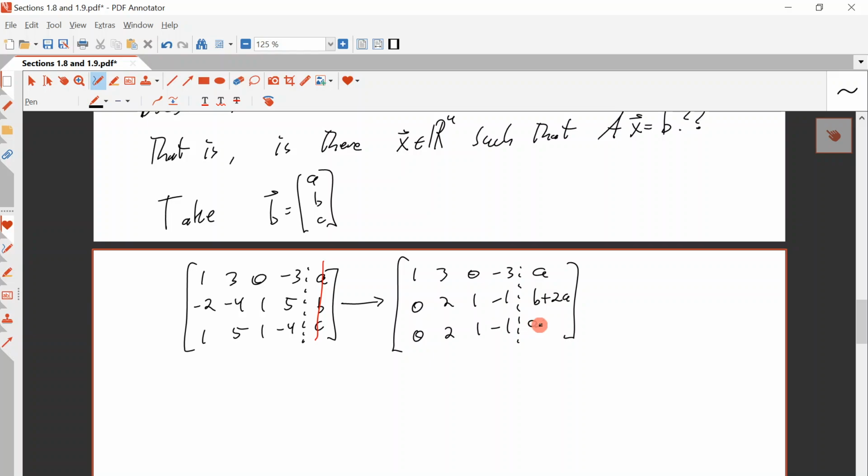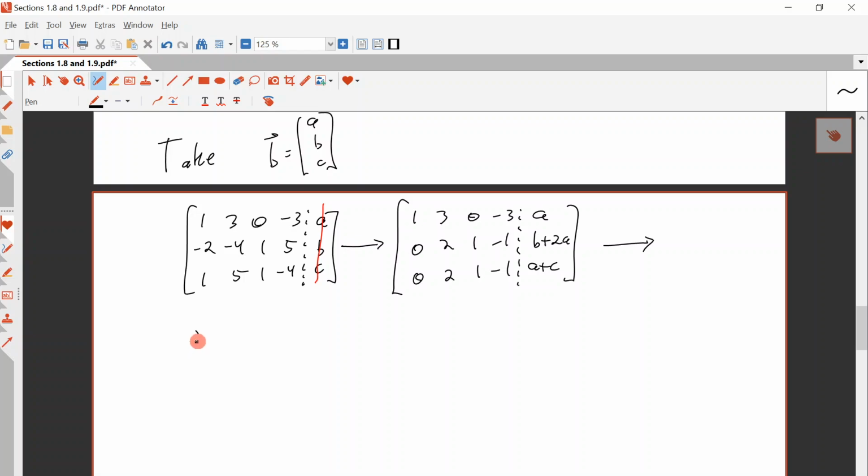And then this is a plus c. Right, and then I'm going to subtract row 2 from row 3, and I get 1, 3, 0, minus 3a, 0, 2, 1, minus 1, b plus 2a, and 0, 0, 0, 0, right?